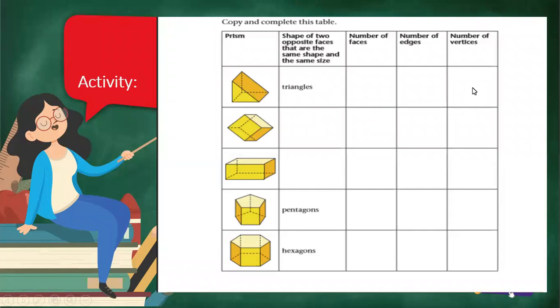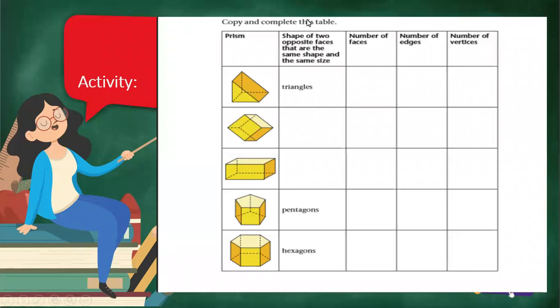So we have 6 vertices. Remember, the name of the two opposite faces is triangles. The number of faces, we have 5 faces. Number of edges, we have 9 edges. And the number of vertices, we have 6 vertices.